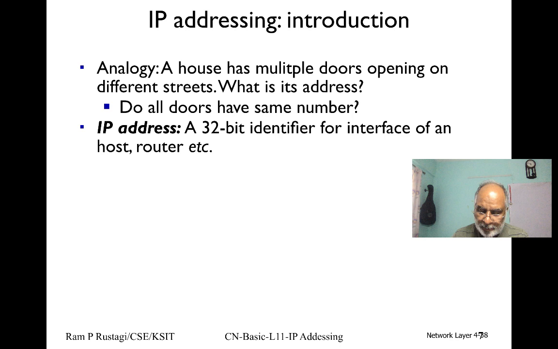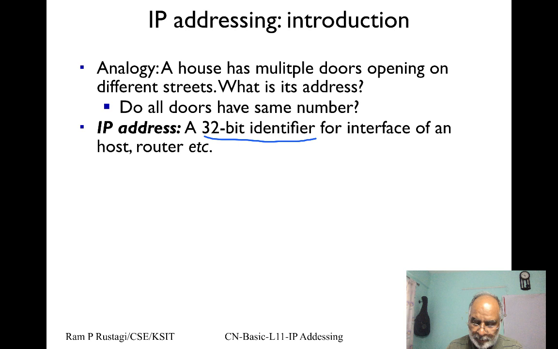In the same way in the machine, an IP address is a 32-bit identifier, and this 32-bit address is always assigned to an interface of the machine. So if a machine has two interfaces, it will have two IP addresses. If a machine has four interfaces, it will have four IP addresses.